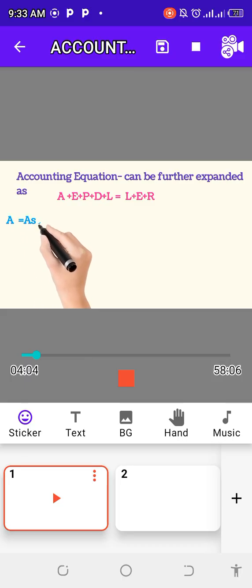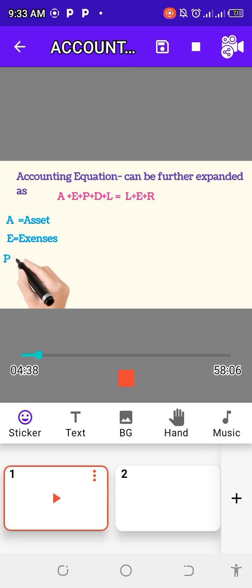A is equal to what? Assets. E is equal to what? Expenditure. P is equal to what? Purchases. D is equal to what? Drawing.